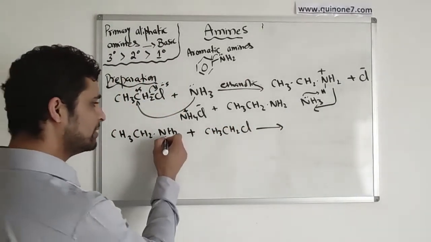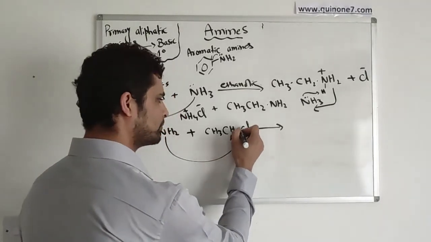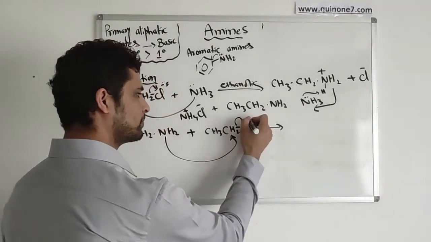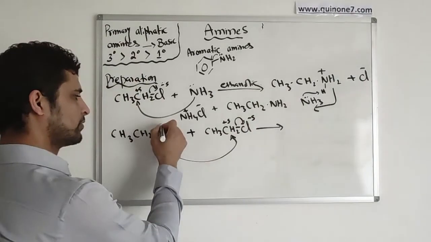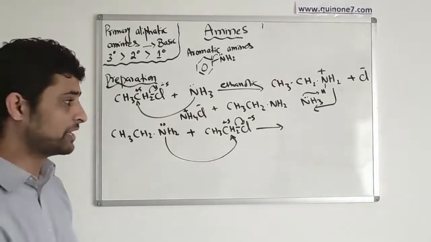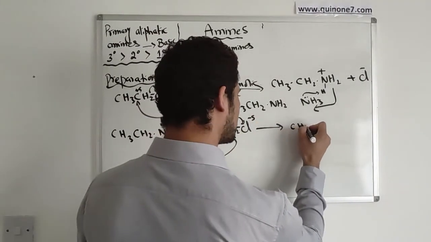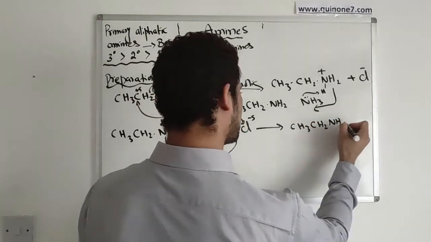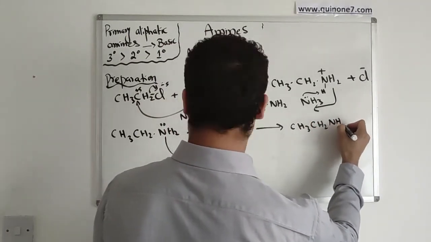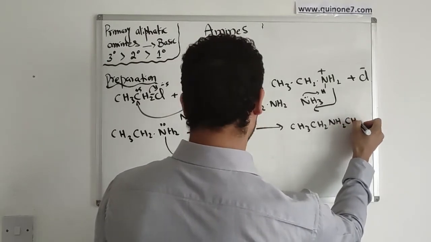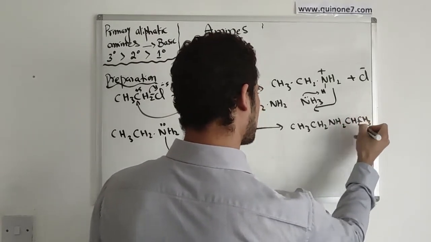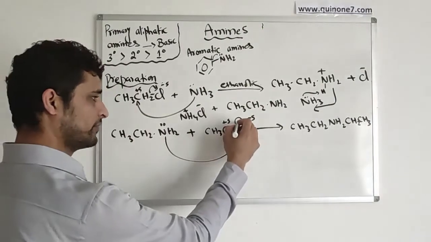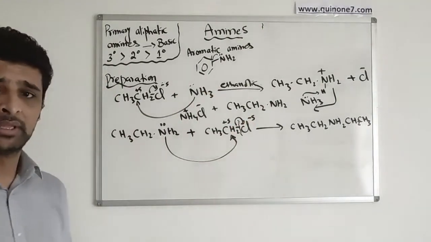The haloalkane will be attacked by the nitrogen from the primary amine, and that will make an intermediate, so this part will actually release the chlorine.